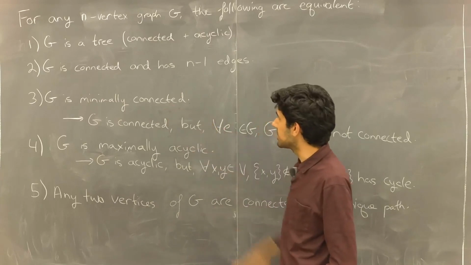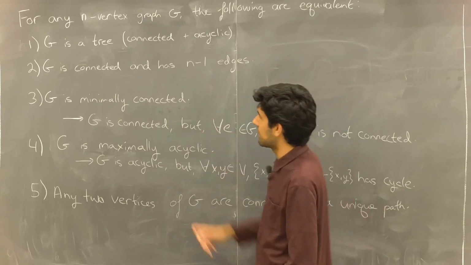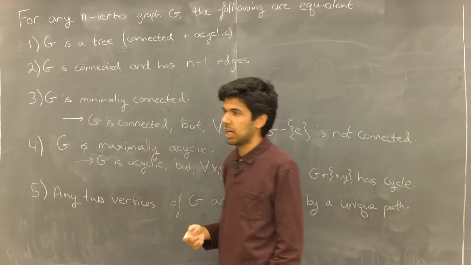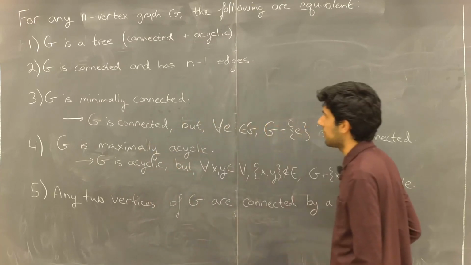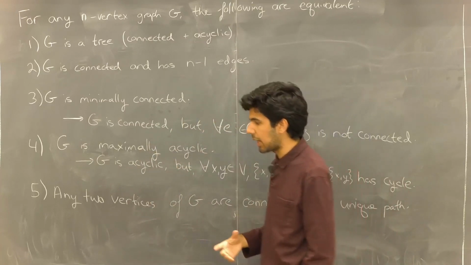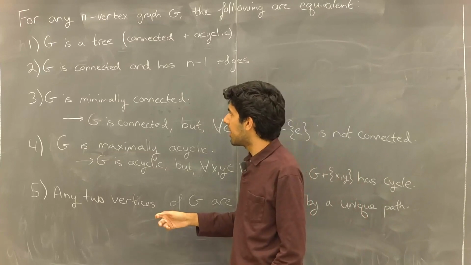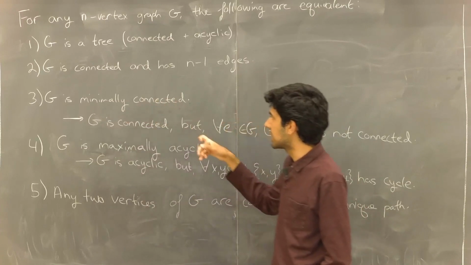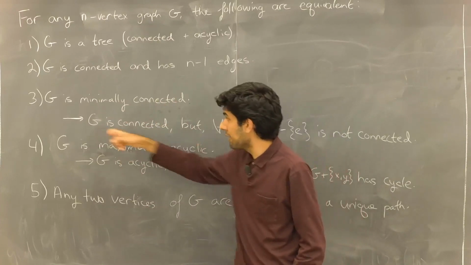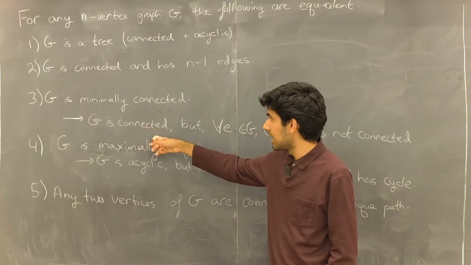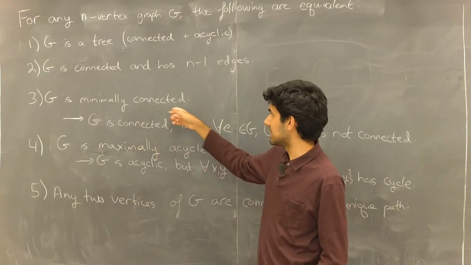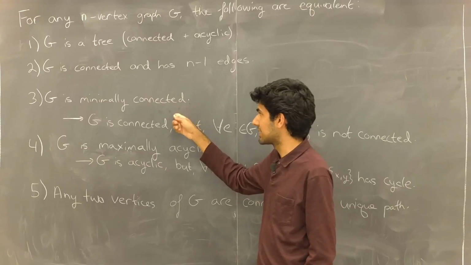So back to this minimally connected part. We've seen the word maximally here and there with connected components, for example. Minimally is sort of the opposite of this. For a graph to be minimally connected, it means that the graph itself is connected. So that handles this second part here of connected.